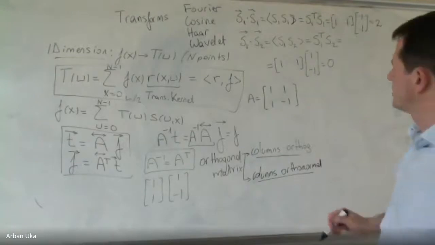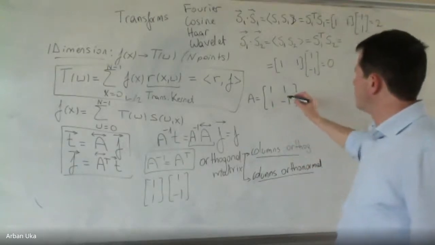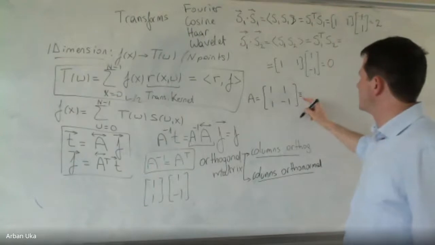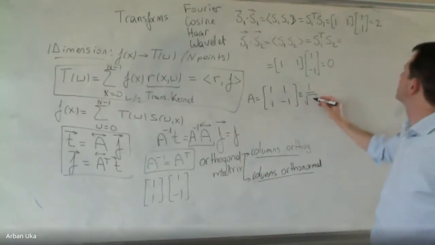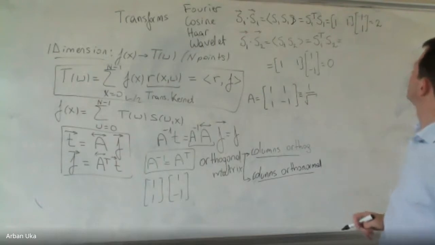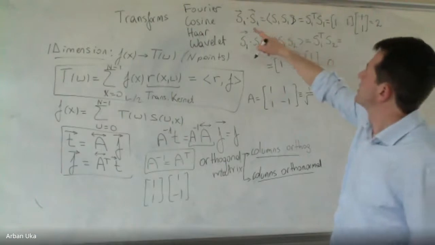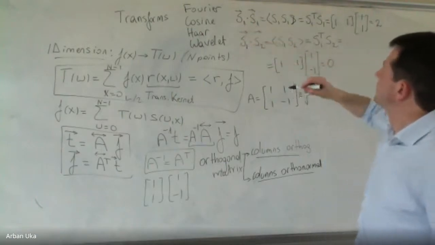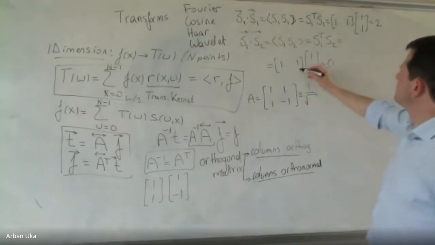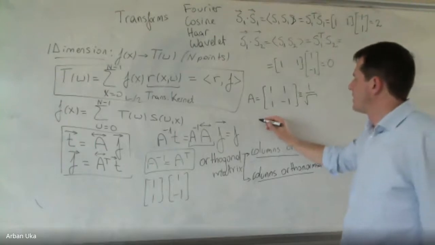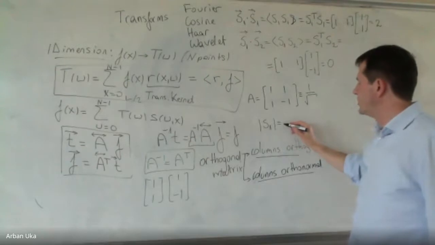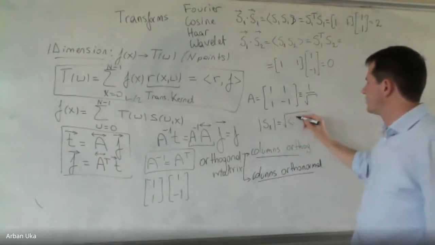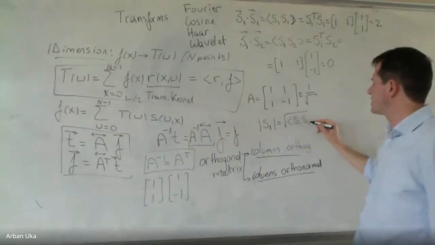So in this case, we need to normalize this. The magnitude of any vector S1 is going to be equal to the square root of the inner product of S1 with itself.